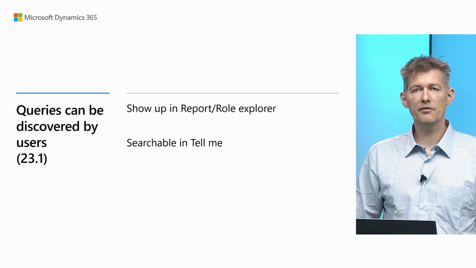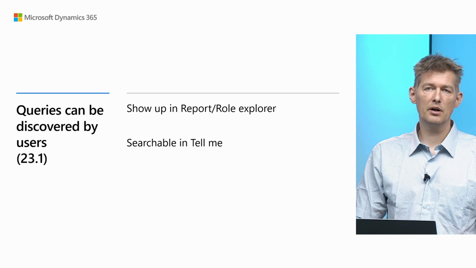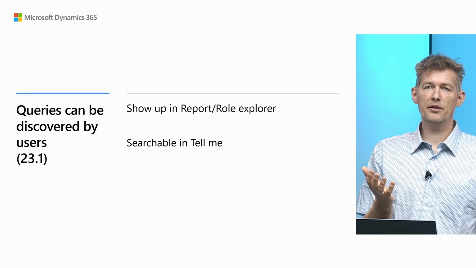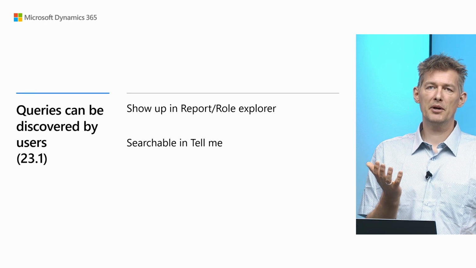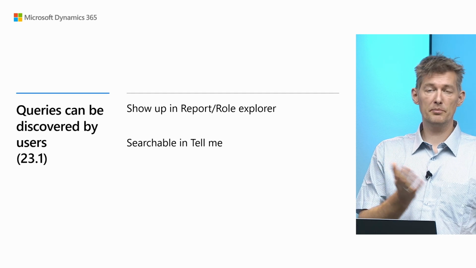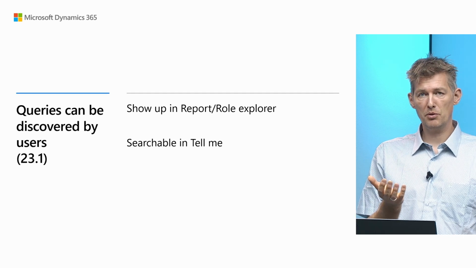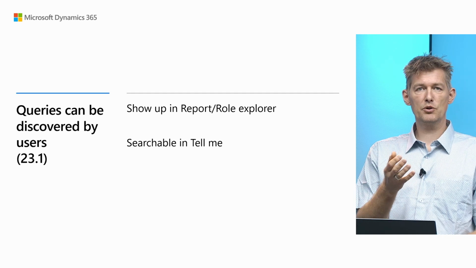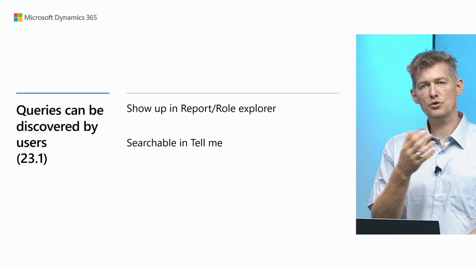A few features came in a bit late in our release, so they are likely available in version 23.1. Queries are just like any other UI element that will now show up in Report Explorer or Role Explorer, and they are also searchable in Tell Me, just like you would search for a report or a page.